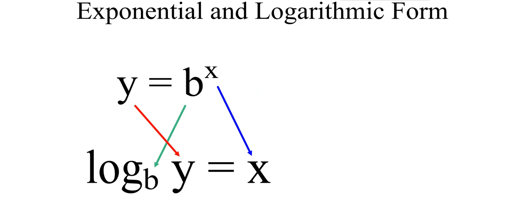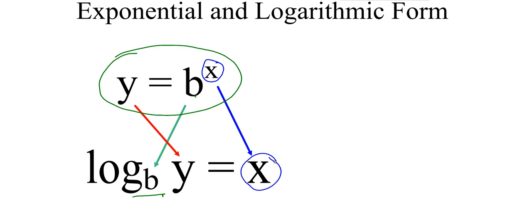Okay, so recall the connection between exponents and logarithms: if we rewrite this exponent as a logarithm, our base becomes the base of our logarithm. Our exponent is the solution of our logarithm, and the result is our y.